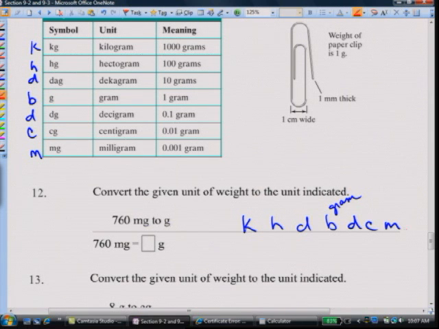So you start to the right of the letter that you're at, and you go to the right of the letter where you want to be. So I want to go to the grams, so I'm going to go 1, 2, 3 units to the left. So I'm going to take my 760, and I'm going to move it 1, 2, 3 units to the left. So it's 0.760 grams. Make sense?